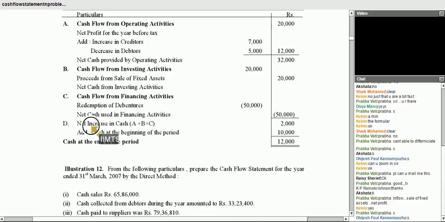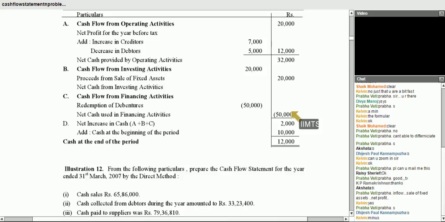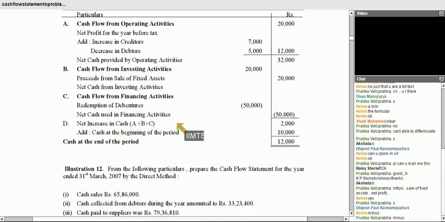Right, so my net increase in cash will be how much? The sum of this 32,000 plus 20,000 minus 50,000. Sorry, minus. Yeah, minus. This is the net cash flow in financing activities, 50,000.